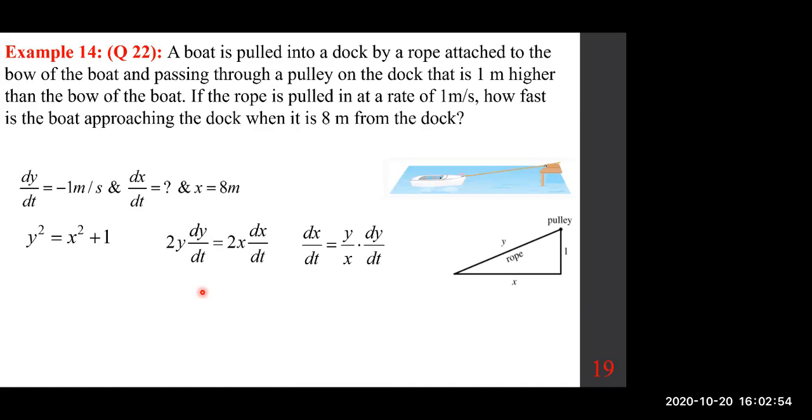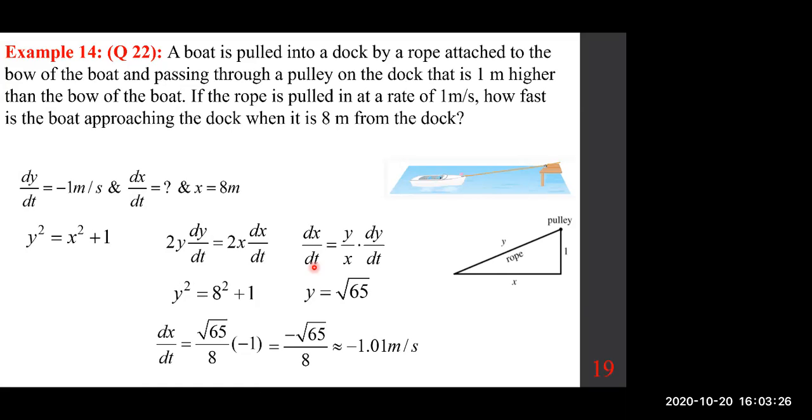Of course, we need to know when x is 8, everybody. When x is 8, what is y? So 8 squared is 64, plus 1 is 65, square root of that. So y is the square root of 65, and now you have everything to plug in. dx/dt is y over x, or square root of 65 over 8 times negative 1, and you can approximate it now, and you get negative 1.01 meters per second.